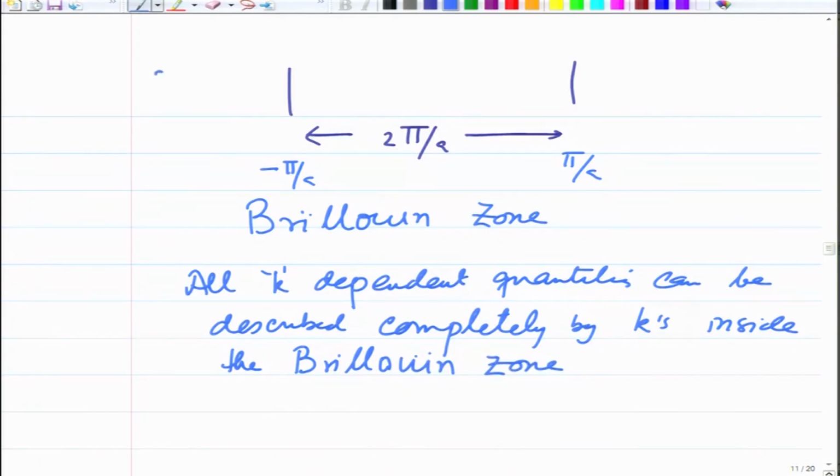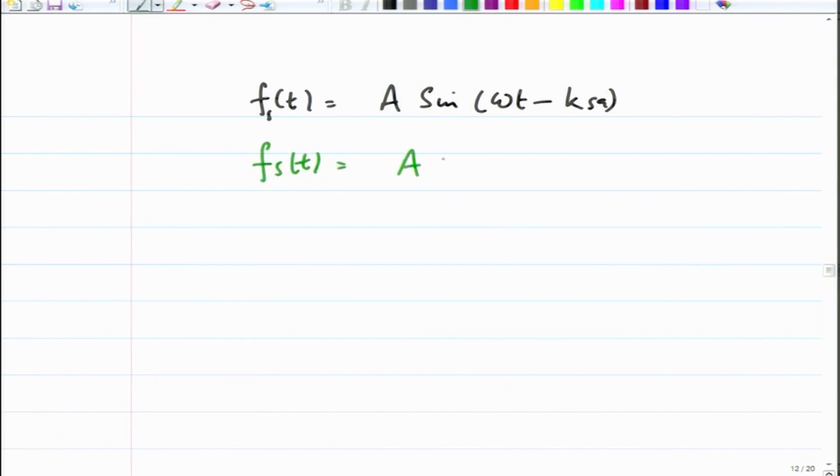So, this is the point number 2, and I have taken a particular kind of solution. In describing solution, I took f s t to be a sin omega t minus k s times a. You could have taken equally well f s t as a cosine of omega t minus k s a.